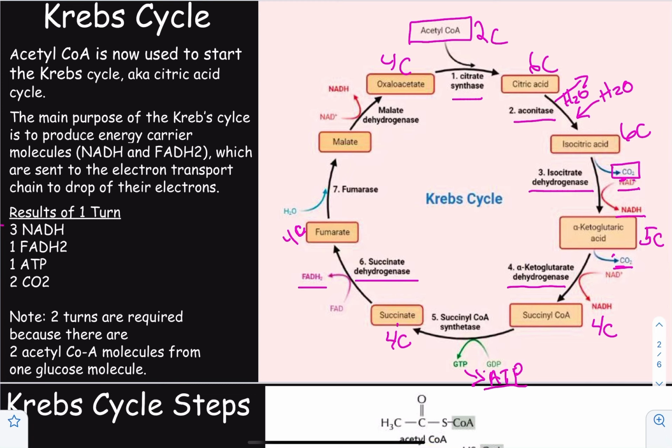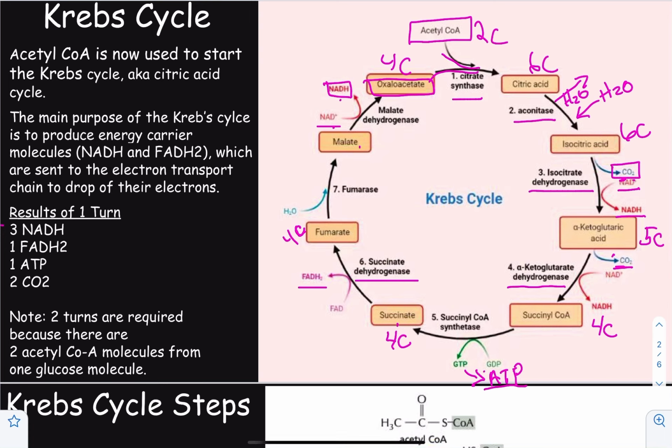And malate gets oxidized, which means something else gets reduced: NAD+ gets reduced into NADH. Then you get oxaloacetate again, to start the cycle all over again.